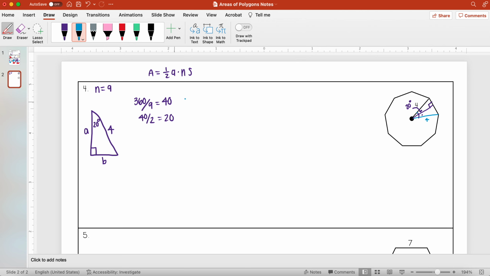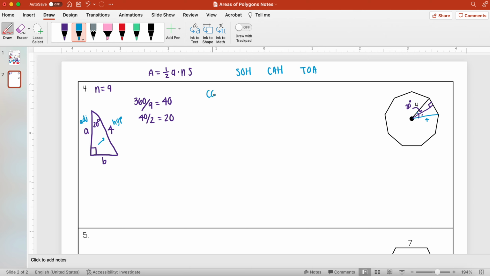So let's first find what our apothem is, a. Well, going from my given angle 20 degrees, I see that a is my adjacent and 4 is my hypotenuse. And so thinking of SOHCAHTOA, the one that has adjacent and hypotenuse is going to be cosine.